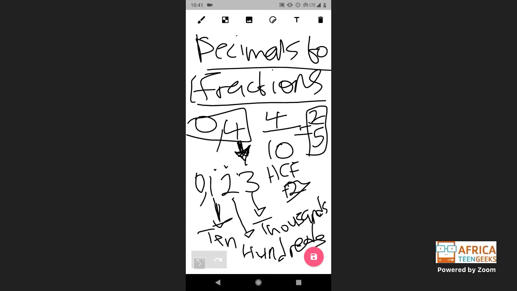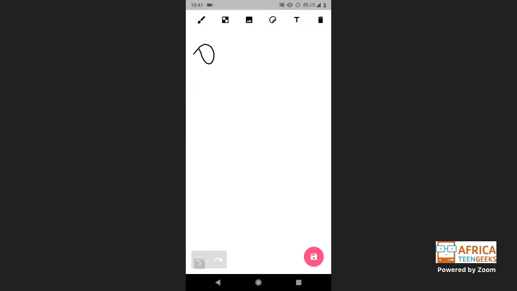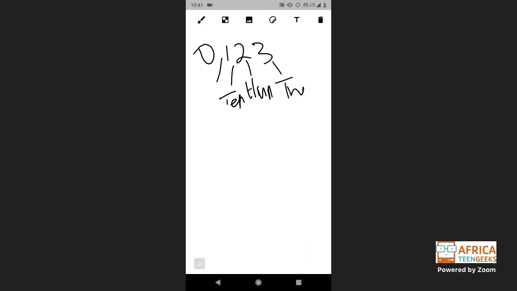Converting decimals to a common fraction. So let's do another example. This one, guys, is very easy. We can write it here again. The first number is our 10th, this is our 100, and this is our 1,000. Okay, so our example in this case can be 0,25.